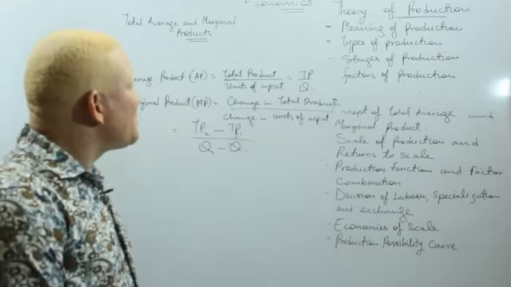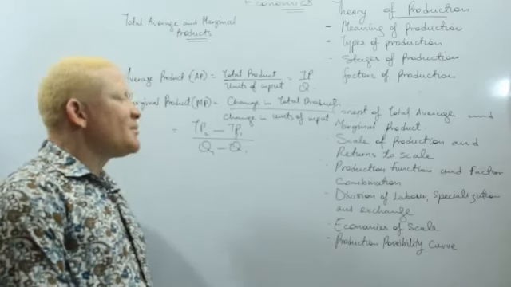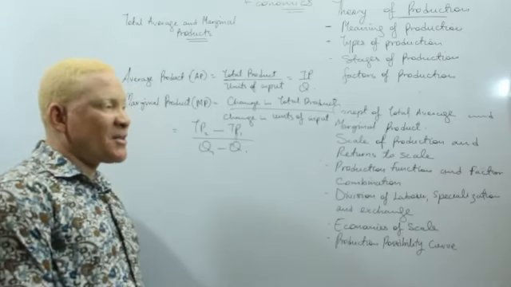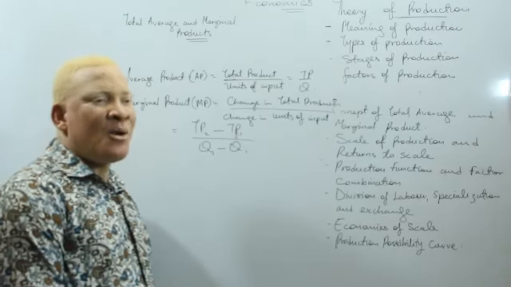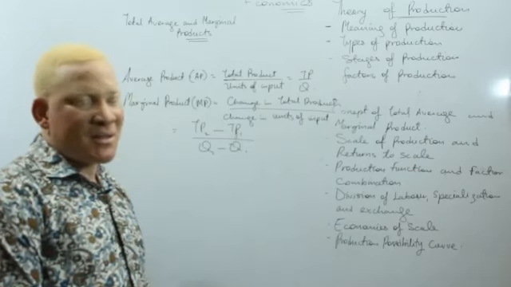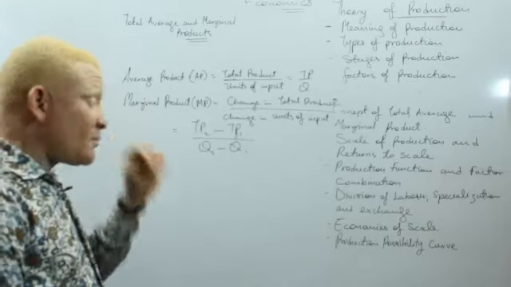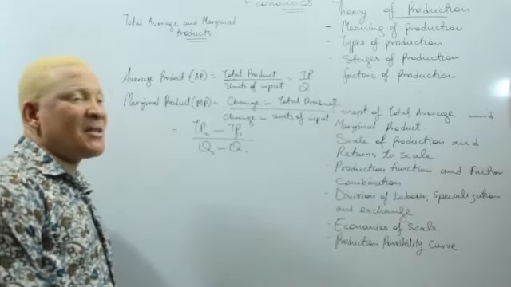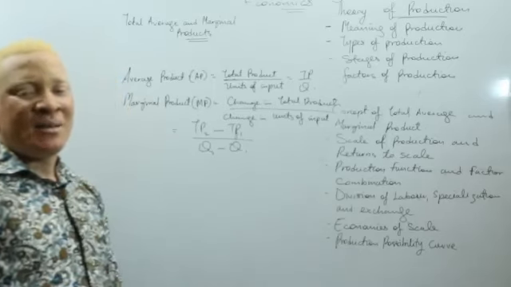Then the next one, after a while, the average product rises above the marginal product at the maximum point. That means marginal product gets to a particular maximum where average product now becomes higher than marginal product.